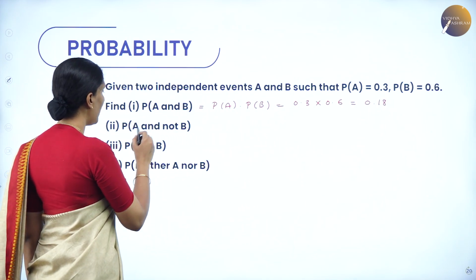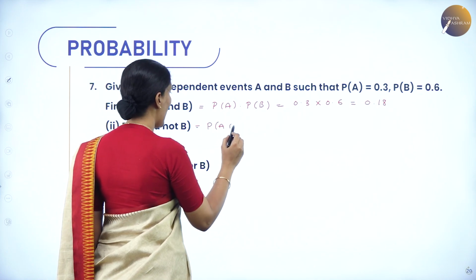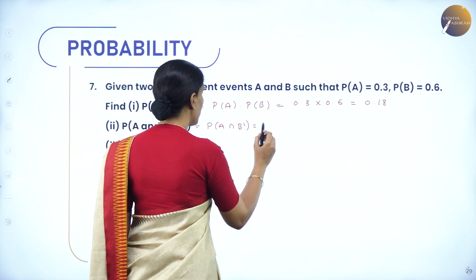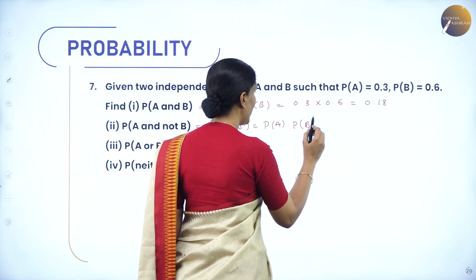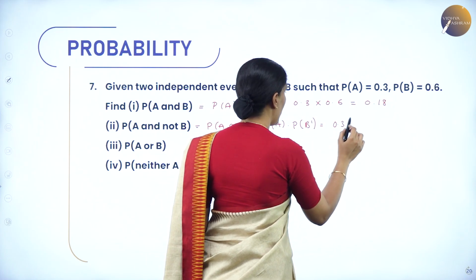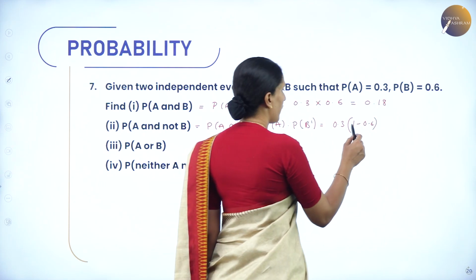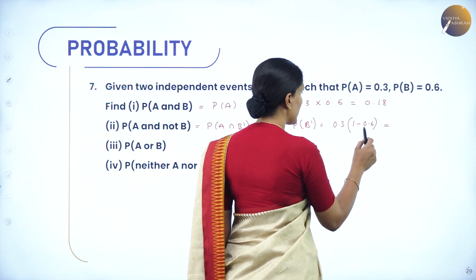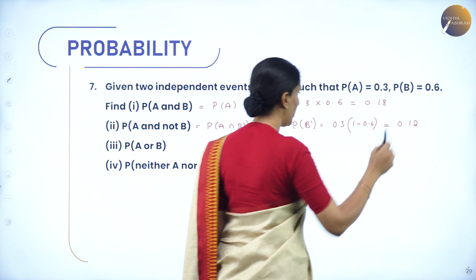Next we have probability of A and not B, which is equal to probability of A times probability of B dash. So probability of A is 0.3 and B dash is 1 minus 0.6, which is 0.4. 0.4 into 0.3 is 0.12.